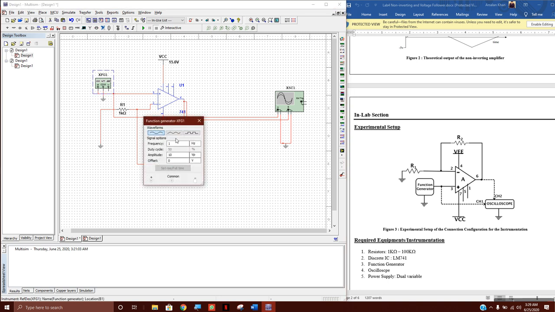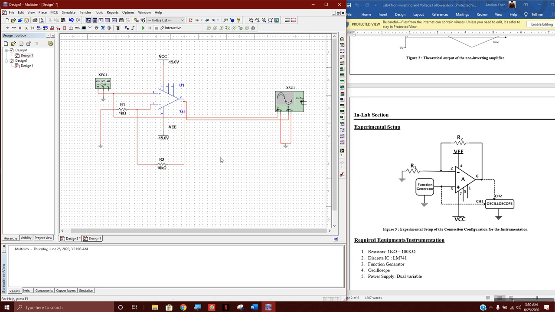Again, we will go for a triangular wave, frequency 1, amplitude 1 V peak to peak, and now let's fire this thing up.